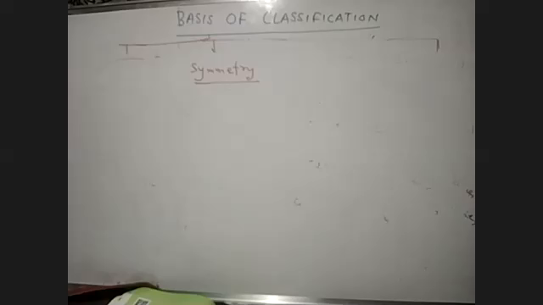So by dividing from the center also, we cannot get two equal halves of an animal. This kind of symmetry is called asymmetry, or these animals have an asymmetrical body plan.